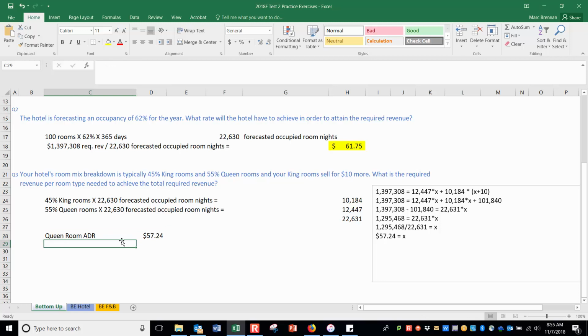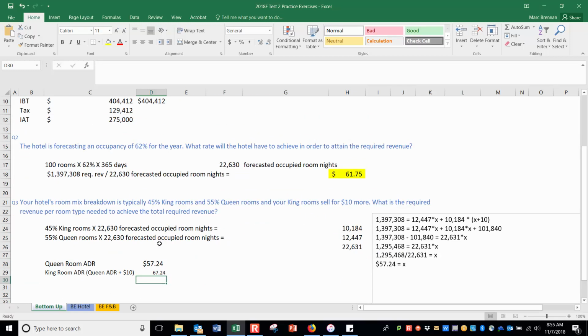Then our king room ADR is really our queen ADR plus $10. So we're just going to go our 57.24 plus 10.